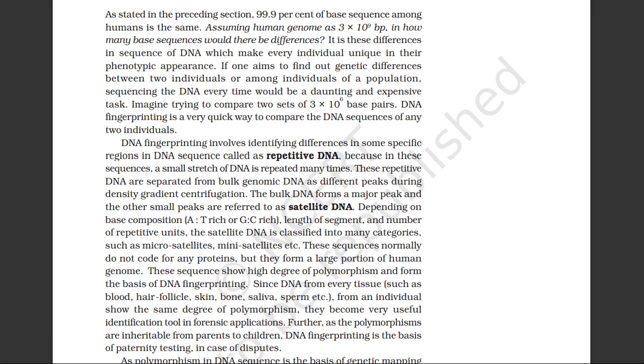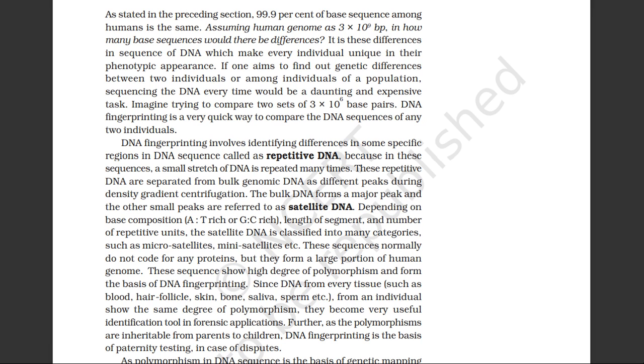Depending on base composition (A, T-rich or G, C-rich), length of segment, and number of repetitive units, the satellite DNA is classified into many categories, such as microsatellites, minisatellites, etc. These sequences normally do not code for any proteins, but they form a large portion of human genome. These sequences show high degree of polymorphism and form the basis of DNA fingerprinting.